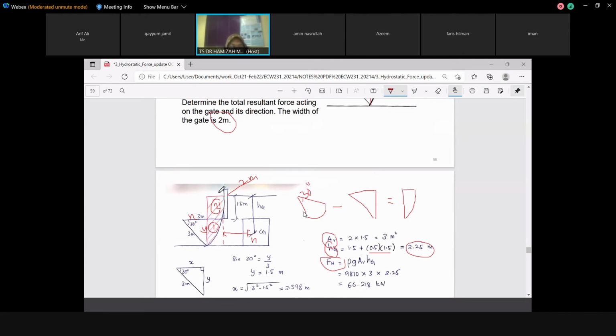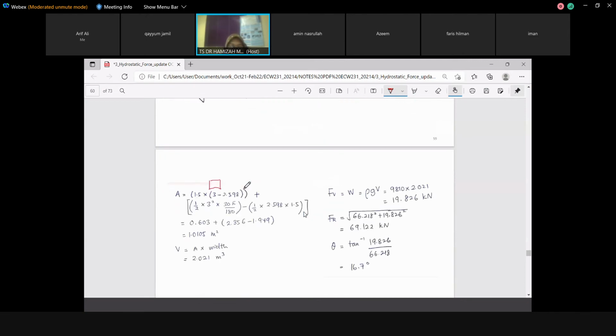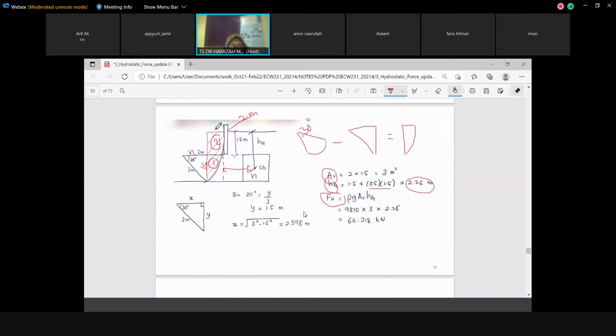Nilai kat sini, it can be represent by, saya bagi nama B lah. Kita kena darab 1.5 tinggi darab dengan B. B ni mana nak dapat? Panjang ni 3. Jari, radius. So tolak dengan X, you have the X. So 3 tolak 2.598. What you get?